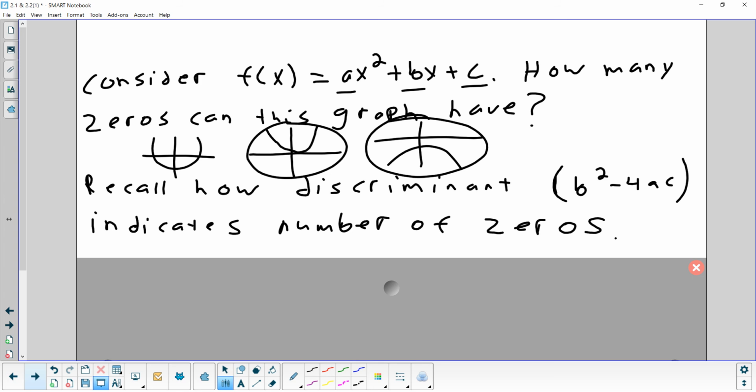If b squared minus 4ac comes out positive, you would have this case, meaning it would cross the x-axis twice. So if it comes out positive, it crosses twice. If it comes out to 0, it crosses once. If it comes out to a negative number, it does not cross at all. And I think we did that back in, I don't remember the exact section, it might have been 1.3, 1.4, one of those sections.